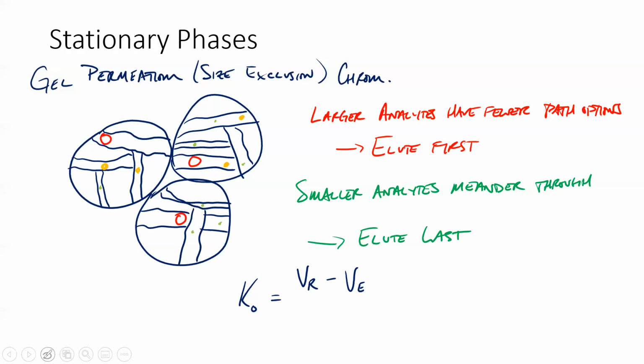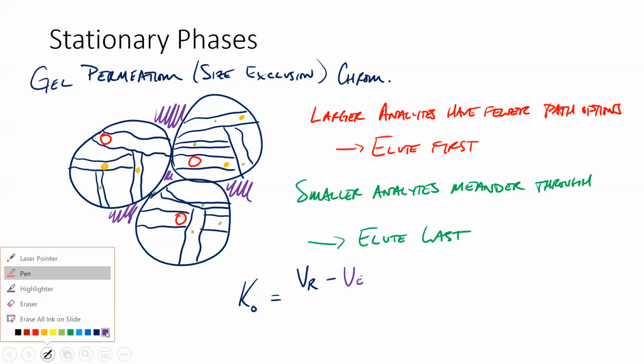And so V_E, I'm going to make that purple, is all this volume that's outside the actual spheres, outside the actual material.